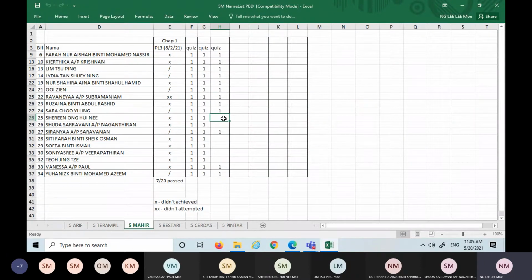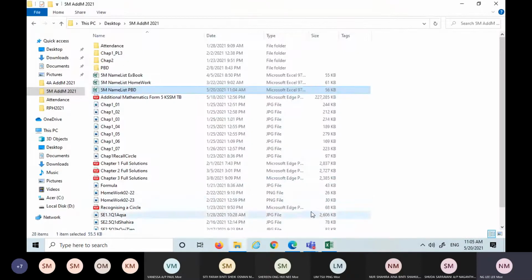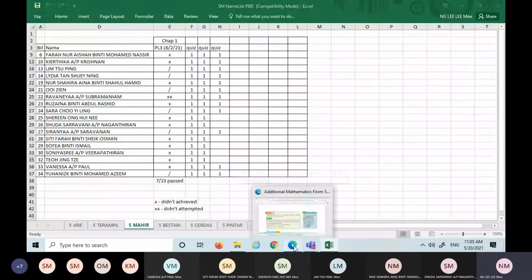Who is the first one? Answer my question, then I give you a mark. Shalene, Shuda, I don't know whether they are here. Siti Farah, I saw her. Sophia, Sonia Sri, and then Zingzi. Okay, let's go.